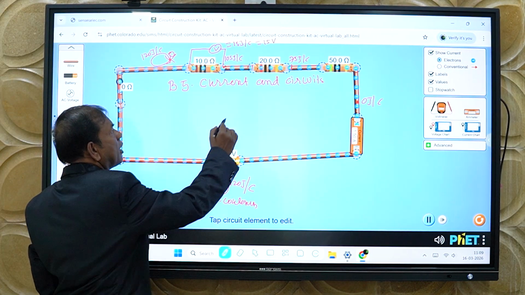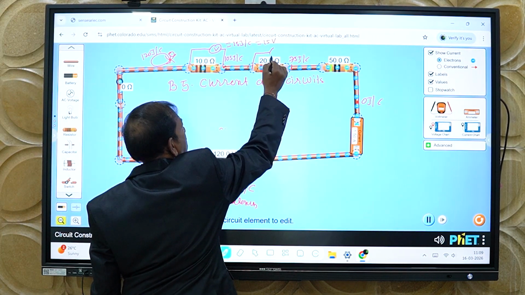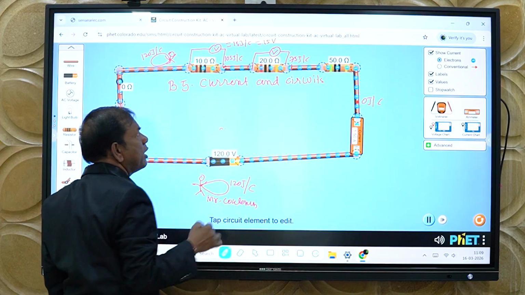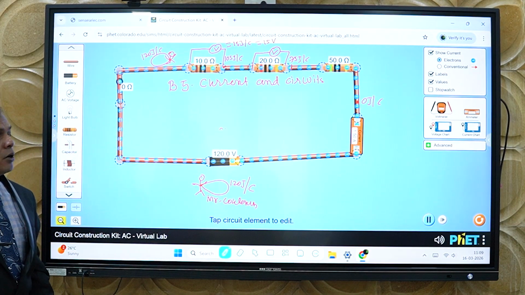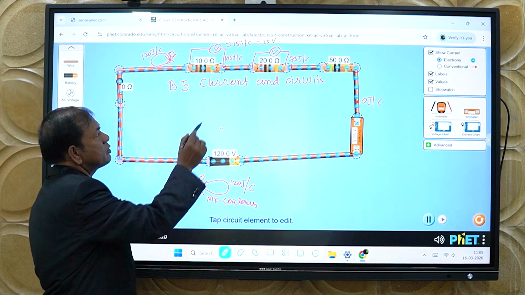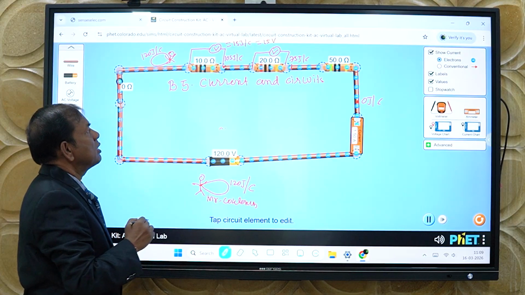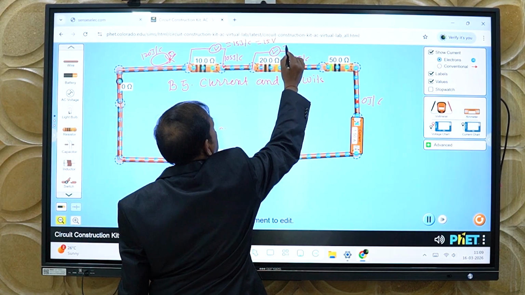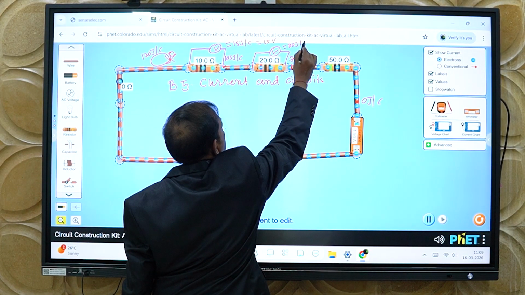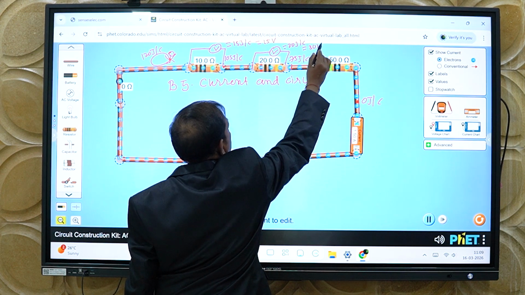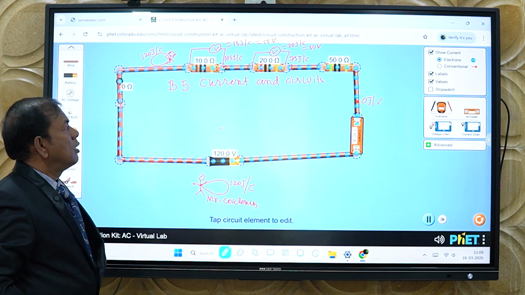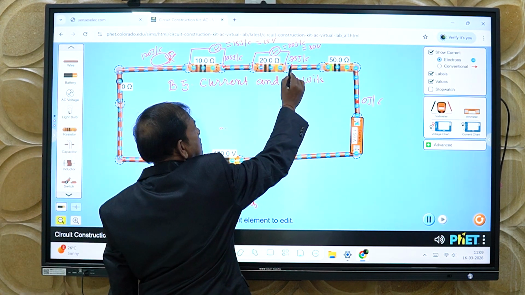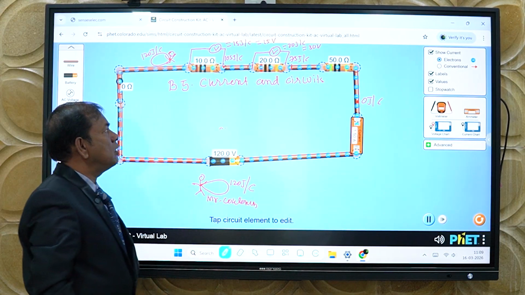Similarly, I can connect another voltmeter here, or we can say in layman language another calculator here, which can calculate the potential difference between these 2 points. That would measure something like 30 joules per coulomb, or I can say 30 volt. Now 75 joules per coulomb is the energy left after 20 ohm.